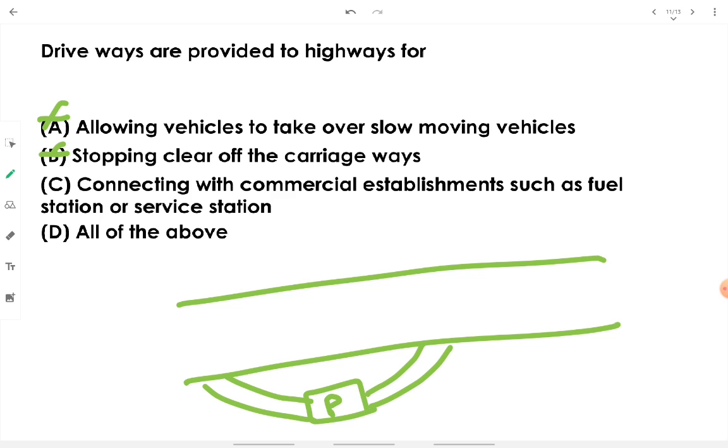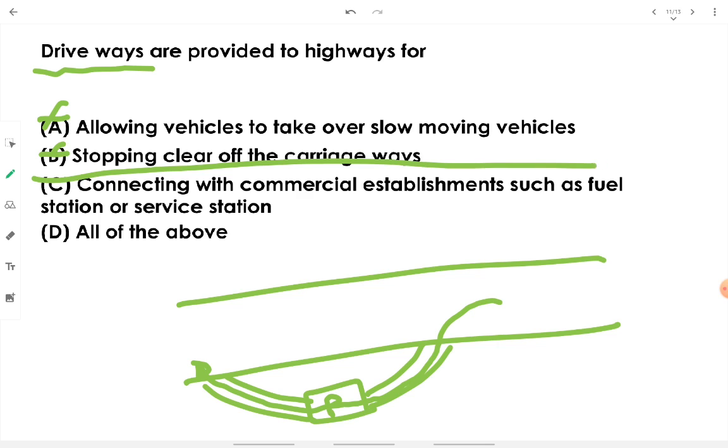Along the road, if we want to access some specific location which is commercial or any kind of such thing, then we use the driveway. Therefore option C is the one. It acts as a connection with commercial establishments such as a fuel station or service station.